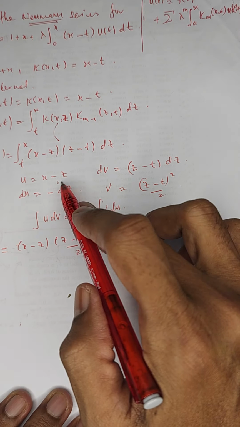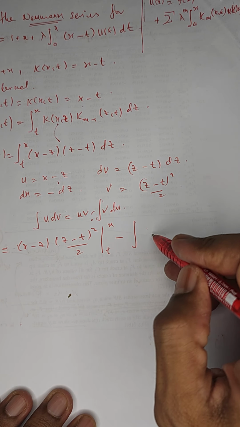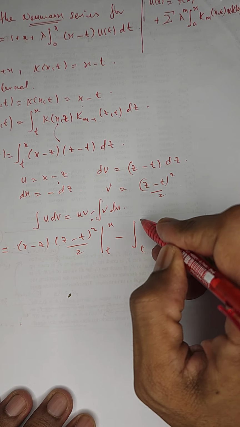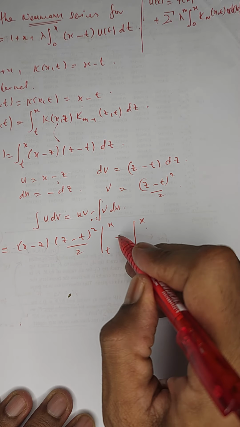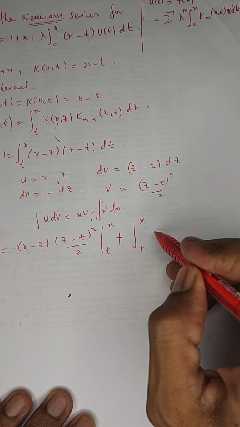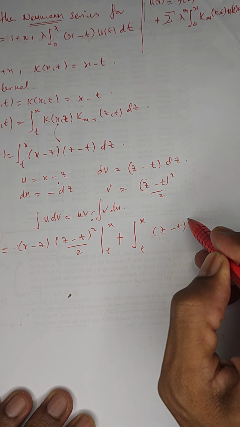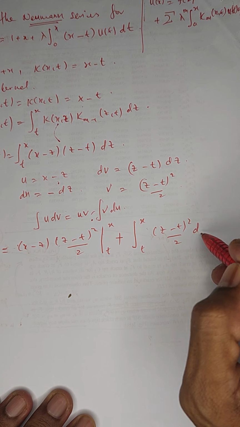Since du is negative, we put it positive there, so we have integrate t to x of (z - t) squared over 2 dz.